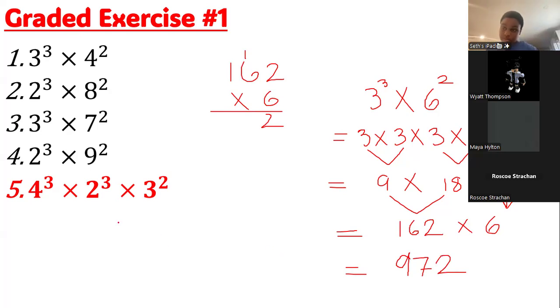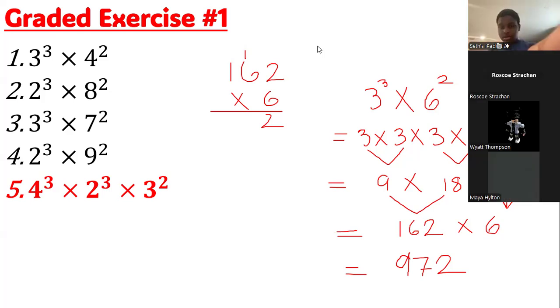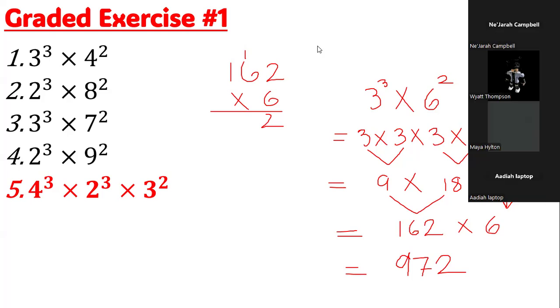Is there anyone who's finished with number 1? I am. Okay, good. Kerrigan, what number are you on? Number 2. Seth, what number are you on? Number 1. Roscoe, what number are you on?